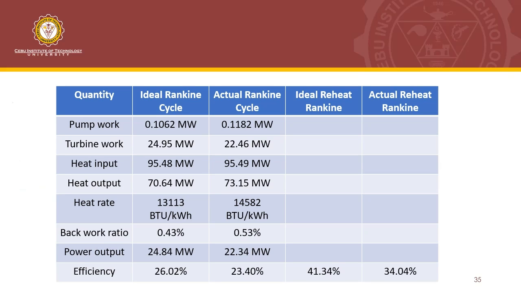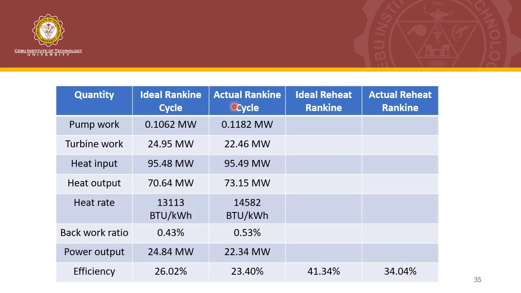So, just a point of comparison between the different cycles that we discussed so far. If you can still recall, we started with the ideal Rankine cycle, and we computed the efficiency of that cycle as 26.02%, which is very small. But in the actual power plant, we experience irreversibilities.